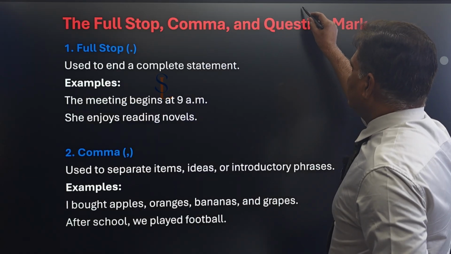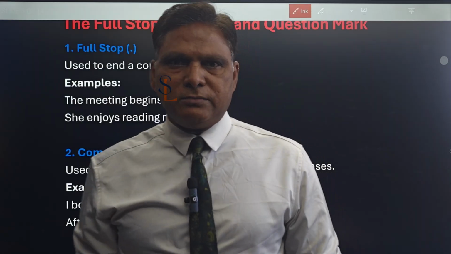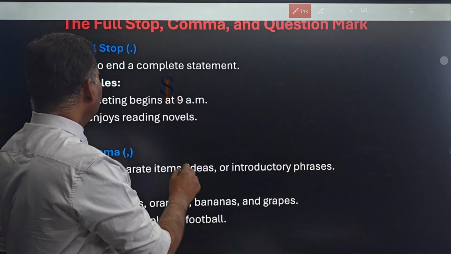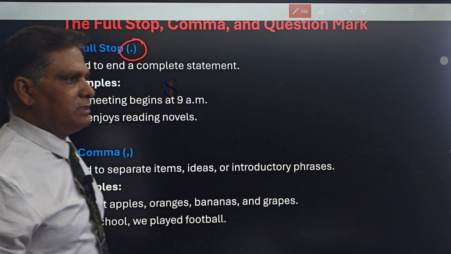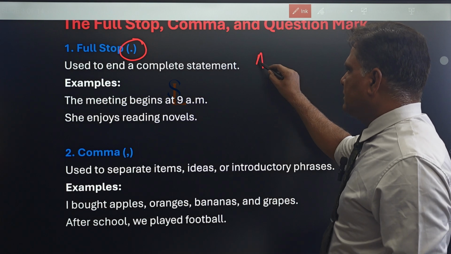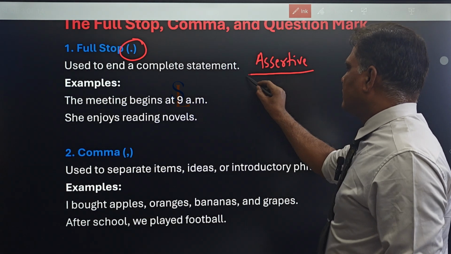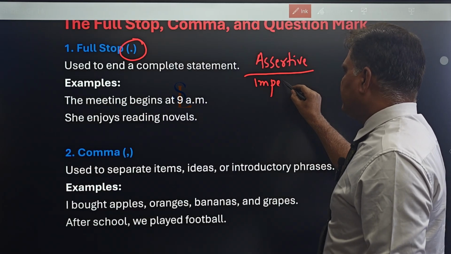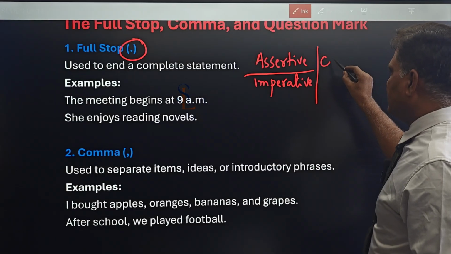Let us look into some very common punctuation marks. Let us begin with a full stop, used to end a complete statement, because in the very first topic we were talking about assertive sentences, and we were also talking about imperative sentences and how these two start.